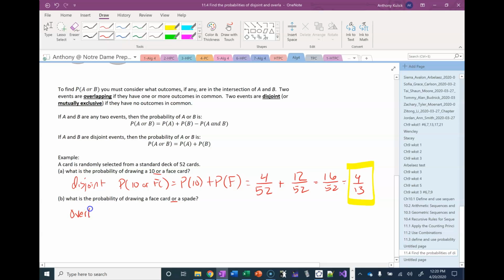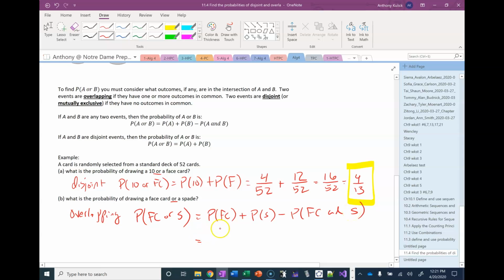This is overlapping because, well, I have a jack of spades, a queen of spades, and a king of spades. So the probability of face card or spade is going to be the probability of drawing a face card plus the probability of drawing a spade minus the probability of drawing a face card and a spade.